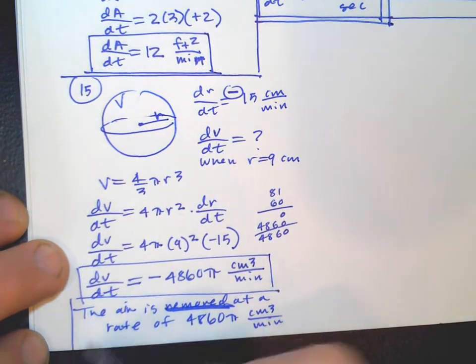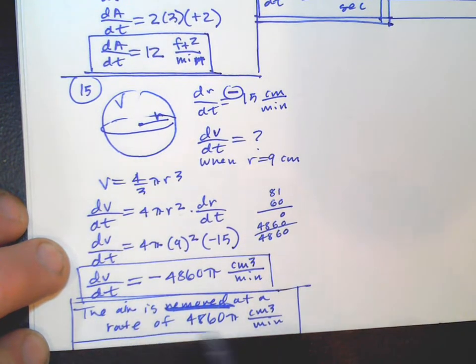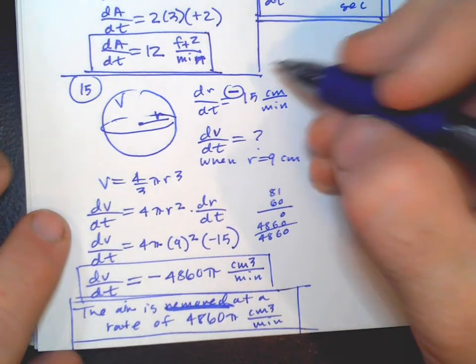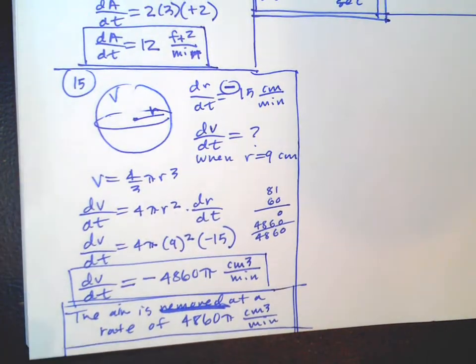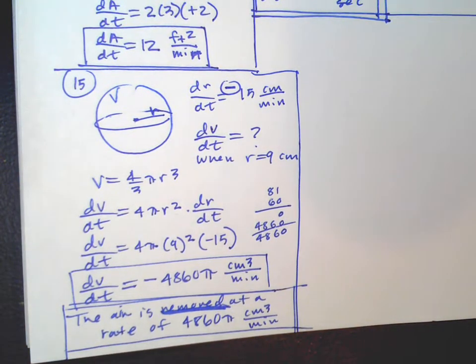So the negative probably isn't the most exact best way to write this answer because of the way they worded the question. If they said, at what rate is air being added, and you give a negative answer, then that would imply the opposite of adding, removing. But removing already implies the negative.